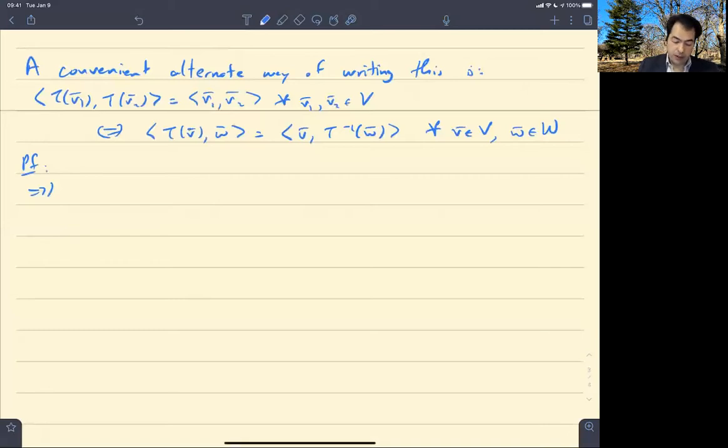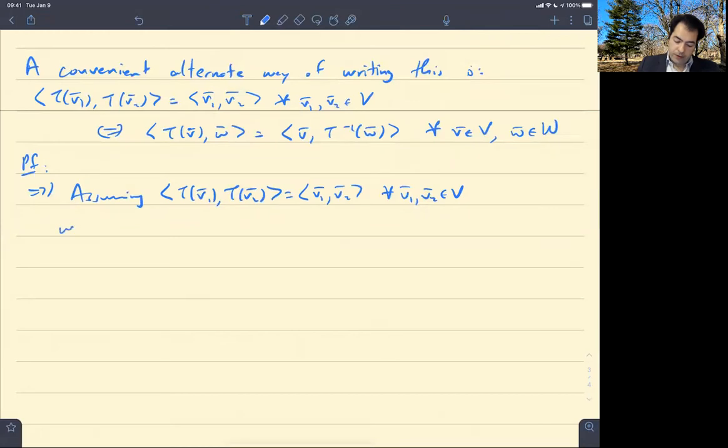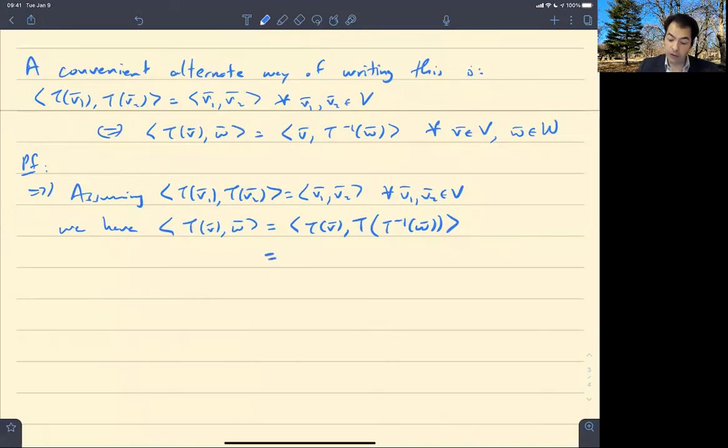So the first direction, assuming that T preserves inner products, we have the inner product of T of V with W. Well, we could write this as the inner product of T of V with T of T inverse of W. And then because T preserves inner products, that's the inner product of V with T inverse of W. That's what we wanted.